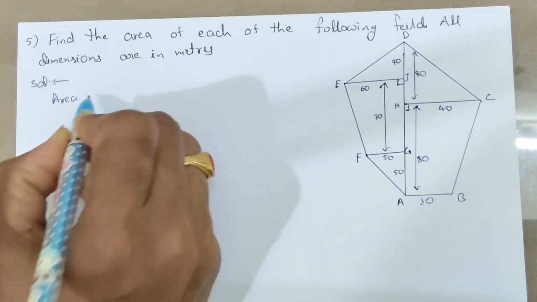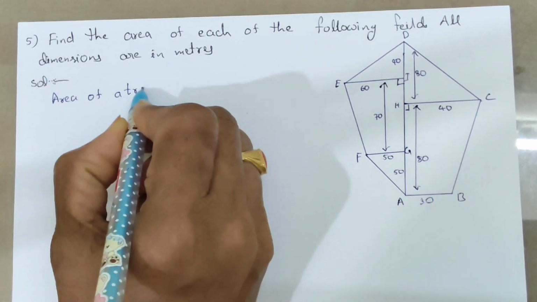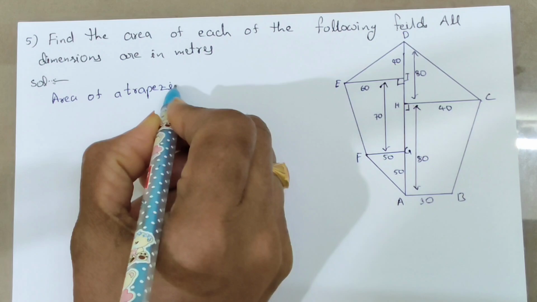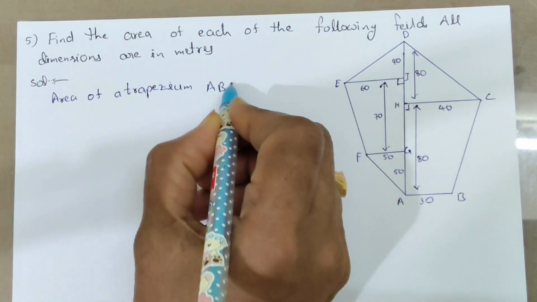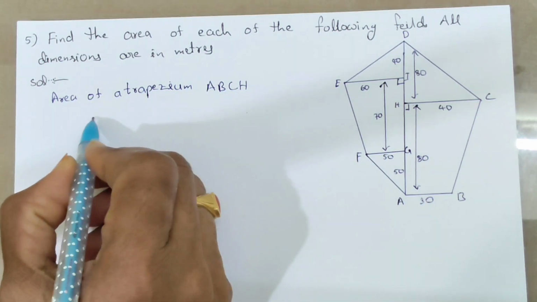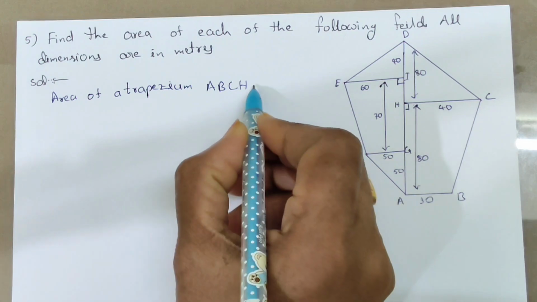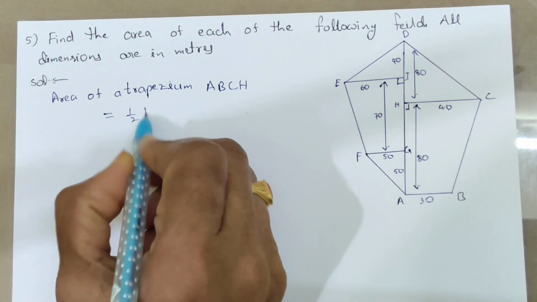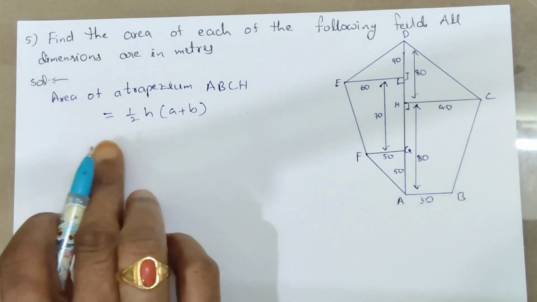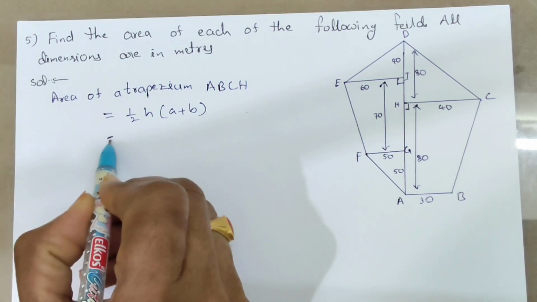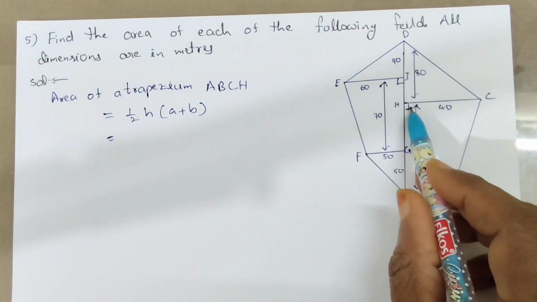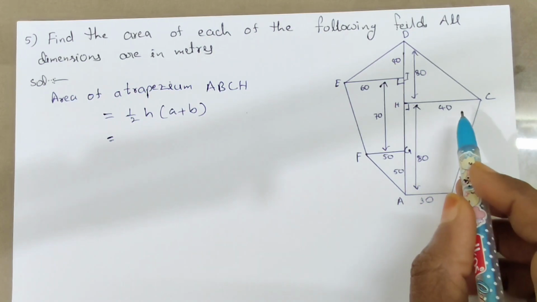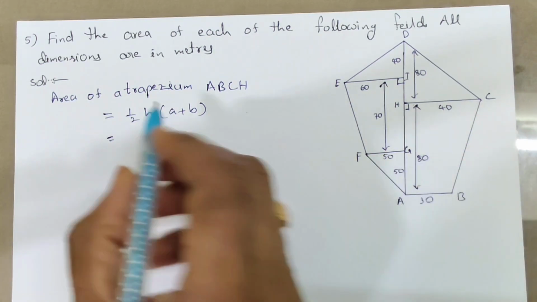Area of trapezium ABCH. The formula is 1 by 2 h into (a plus b), the trapezium area formula. Now we substitute the values. Parallel lines are AB and HC. Height 80.